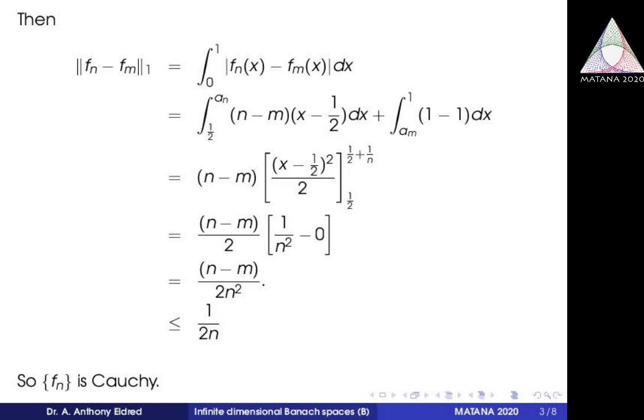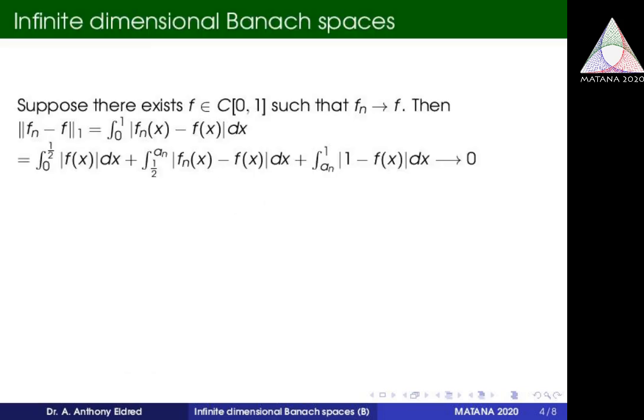So suppose we can find a limit, we have to check whether this sequence converges to a continuous function. Suppose this sequence converges to a continuous function f, then the 1 norm of fn minus f, if you define it, is equal to the integral from 0 to 1 of modulus of fn of x minus f of x dx.